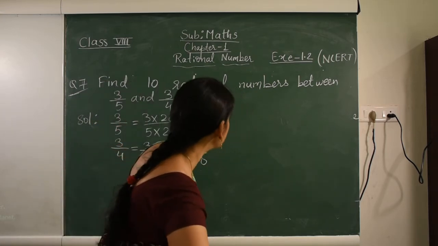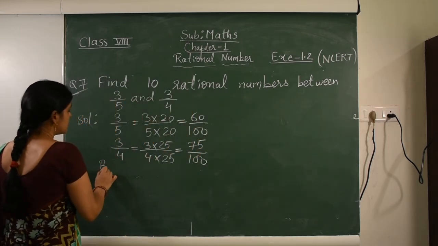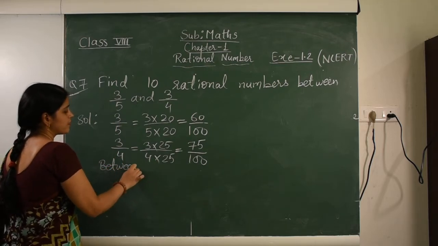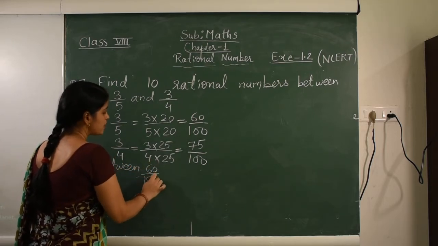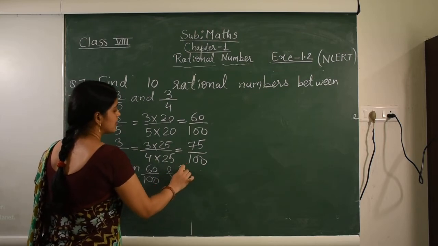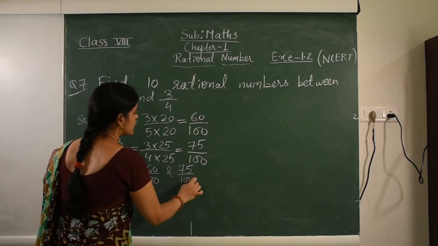Now between 60 and 75, how many numbers are there? 15 rational numbers are there.